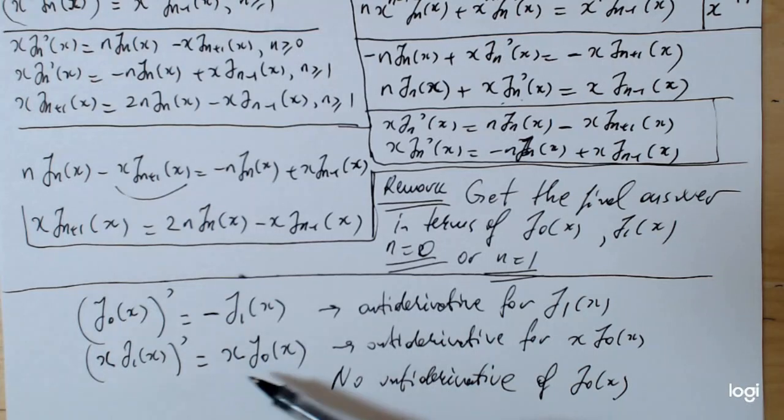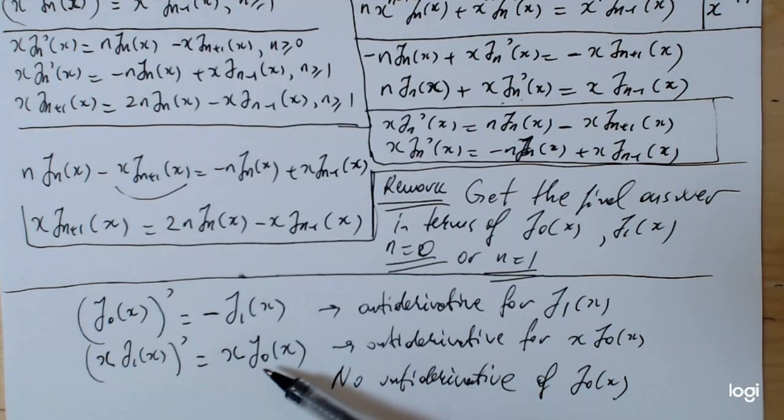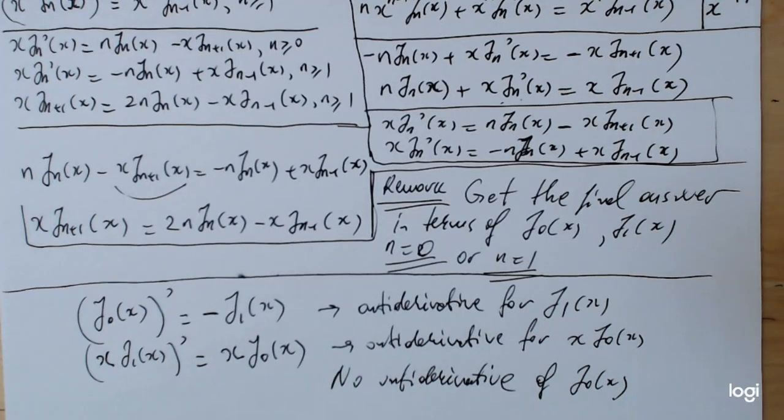If you end up with x times J naught in the integral, then of course you can integrate it immediately because you can replace this in a differentiation form. So in other words, you know the antiderivative of x J naught is x J1. So make sure you don't misuse the formulas. That's my point here. You have to, in the beginning, practice with these formulas carefully and make sure you don't misuse them.